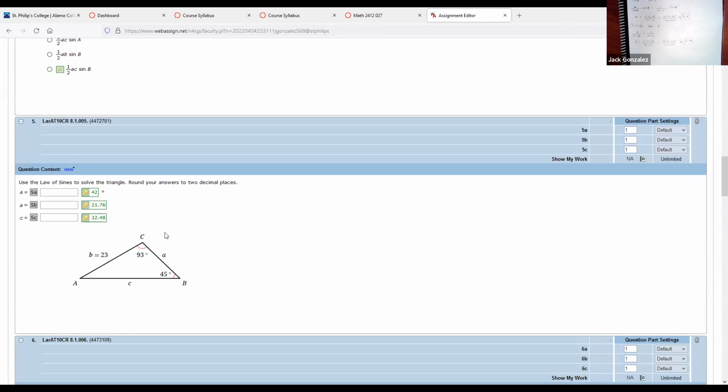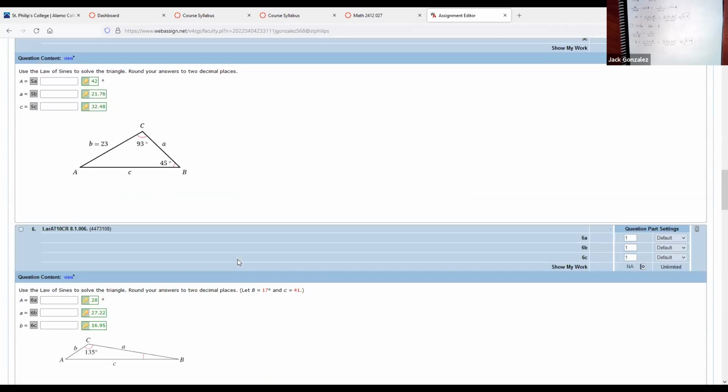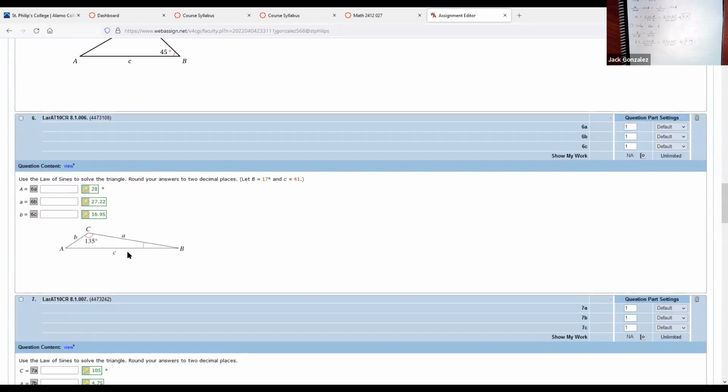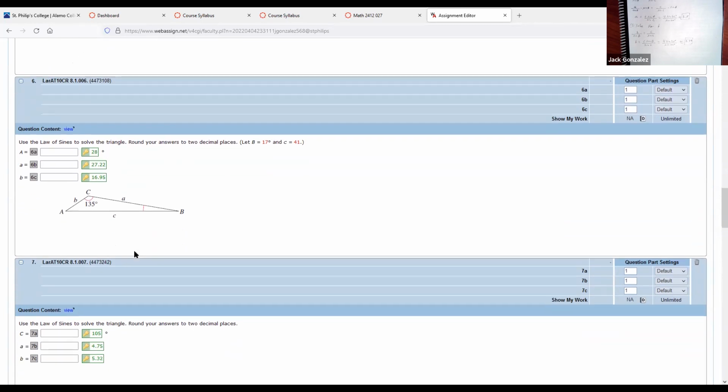Number 5 is similar to what we did. So if you want to write a note, I would just put example 1 is similar to problem 5 because we found an angle and 2 sides. Okay. Example 6 is different.